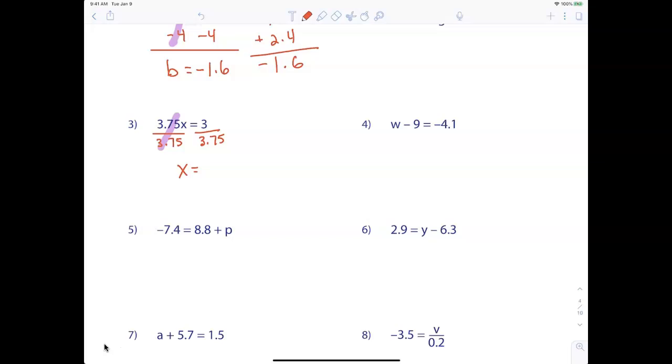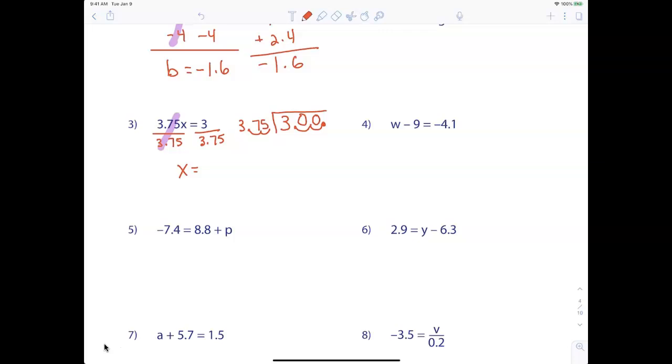When you're dividing, 3 goes into the house, and 3.75 goes this way. Keep in mind your decimal: you move it over twice, so it becomes really like 375 into 300.